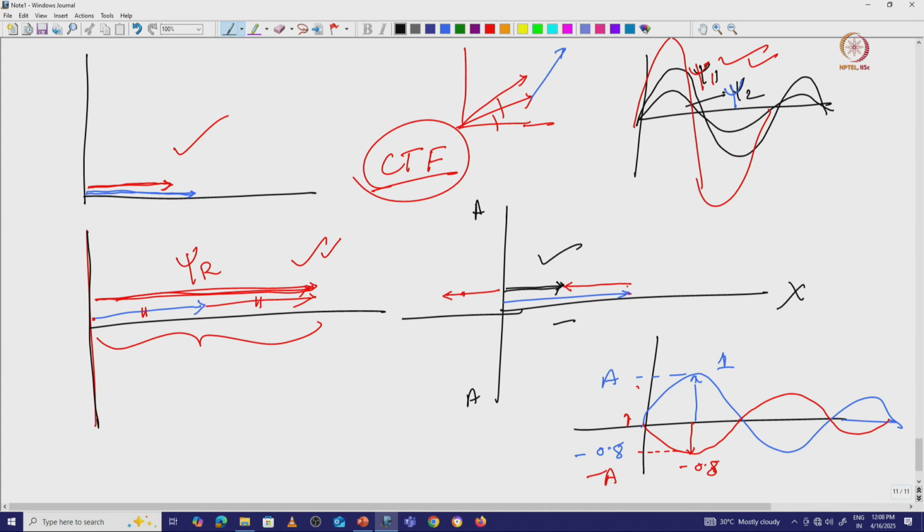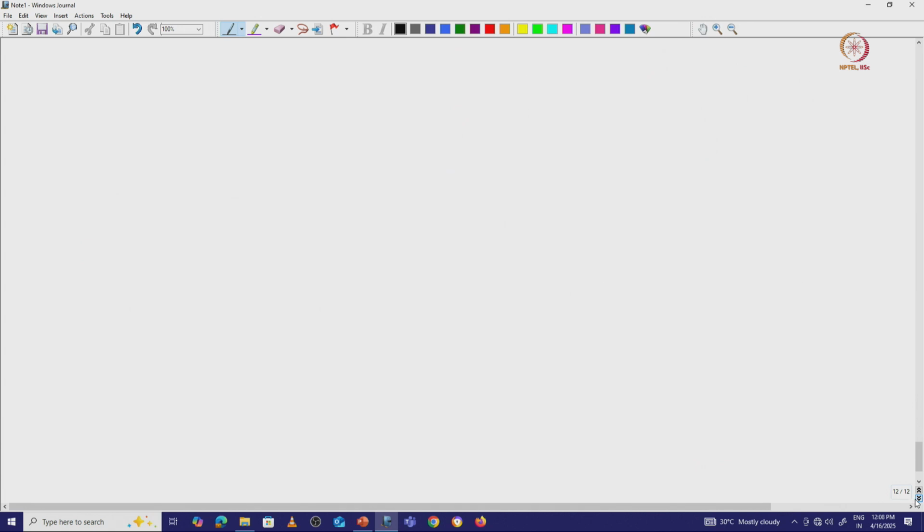Okay. There are some other possibilities too. If there is a different angle between two waves, what is going to happen? Let us take a look.